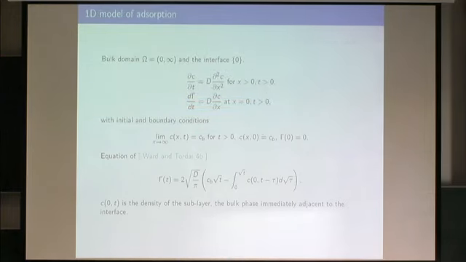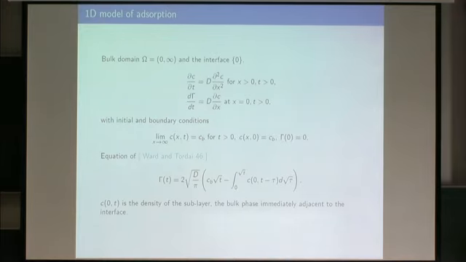One of the simplest 1D models would be something like this. I have a bulk domain Omega, which is the positive real line, and my interface is the origin. C is the density of the bulk surfactants, gamma is the density of the interfacial surfactants, and this is my system here. I prescribe the far field initial concentration for the bulk surfactants, a constant Cb, and zero initial density for the interfacial surfactants.